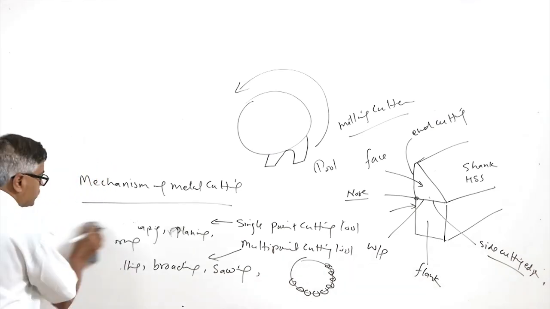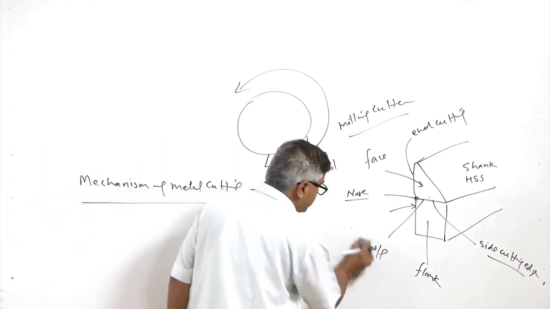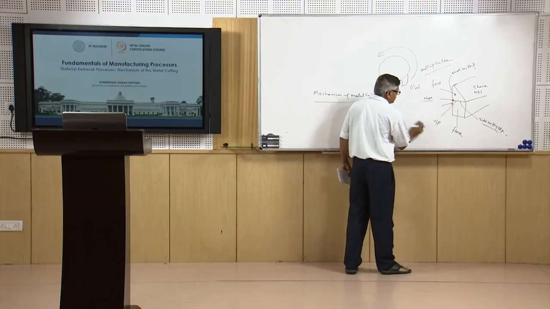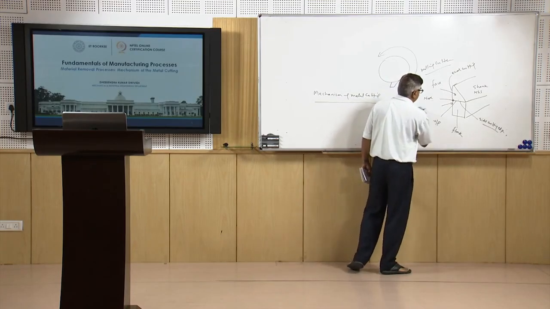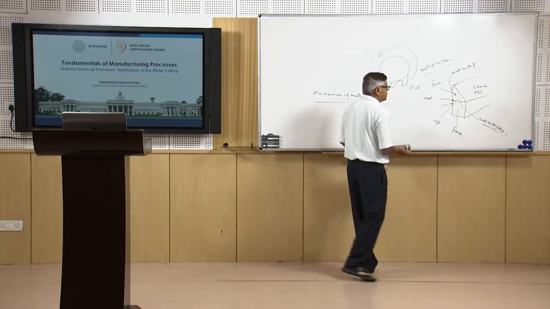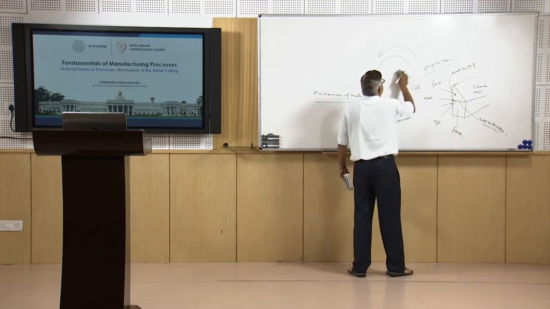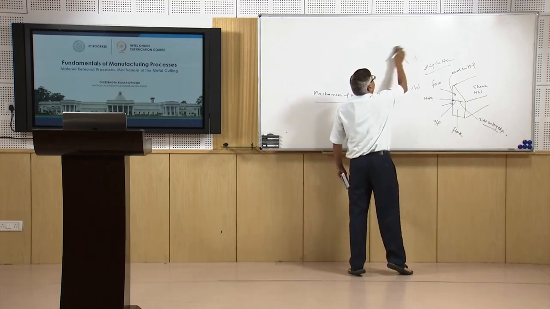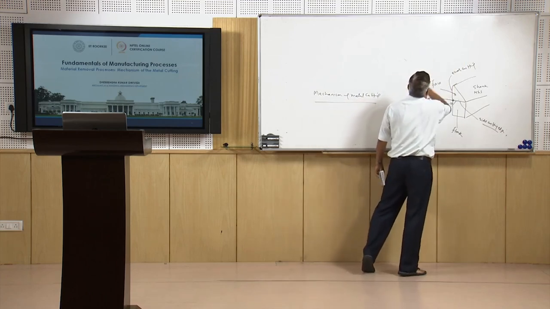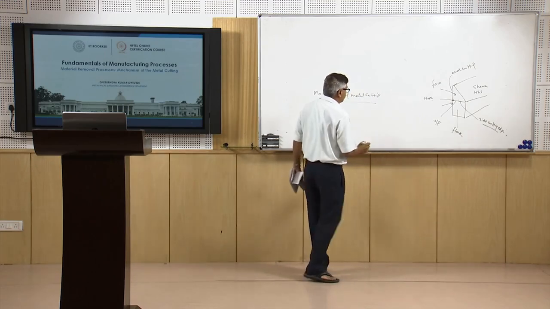So, the different surfaces of the tool are produced at particular specific angles, so that the cutting can be performed effectively, and those angles are represented in a very specific manner.